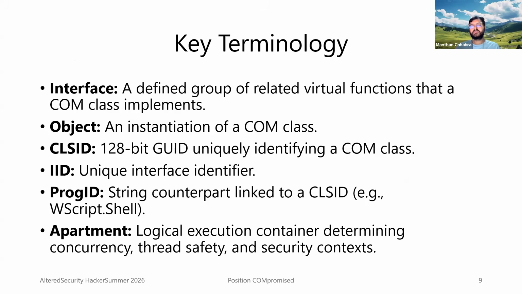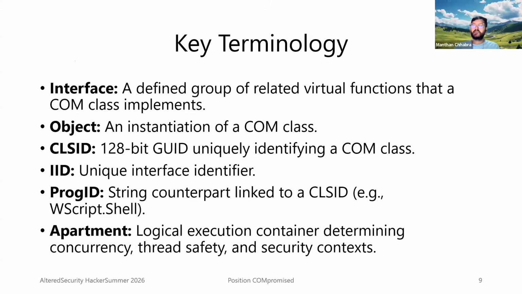The interface basically points to a vtable, or virtual function table, which stores the addresses of all of the functions implemented by the class itself. So the interface points to a table which has the addresses of all of the functions that are part of our COM class.